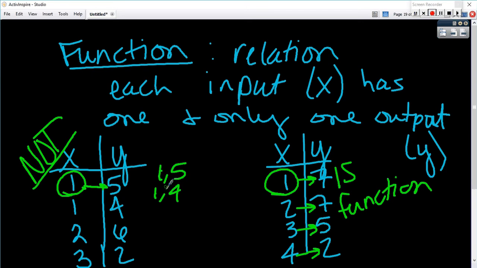It's just the definition of a function. Okay, if you have any numbers that repeat in your x column, it's not a function. They can repeat in y. They can't repeat in x. If they repeat in x, period, not a function. Why don't you just say that again? Well, because that's not the formal definition.